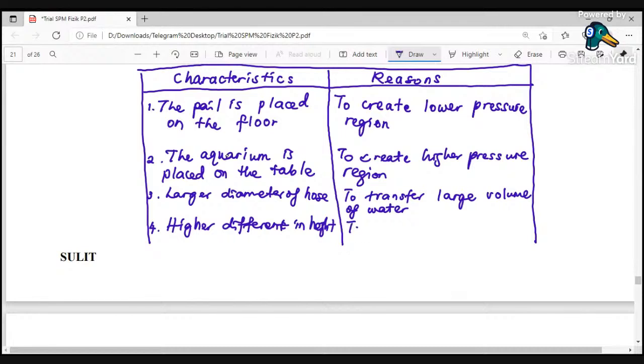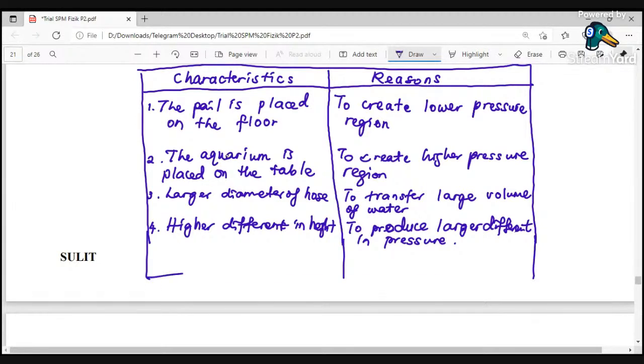So to produce larger difference in pressure. Okay, or to produce higher speed of liquid transfer also can. Because the higher the difference in pressure, the higher the speed of water transfer.